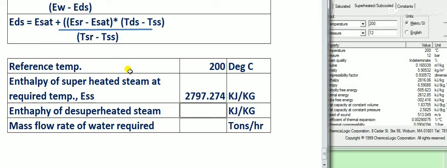This is the enthalpy of our steam after desuperheating, the enthalpy of desuperheated steam.